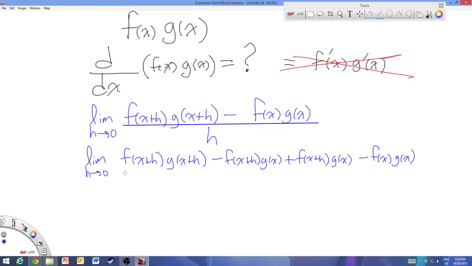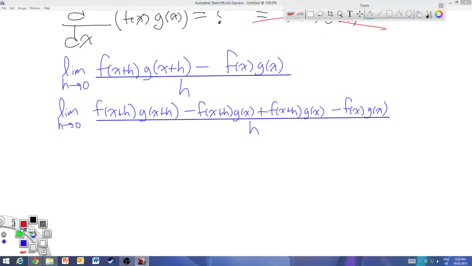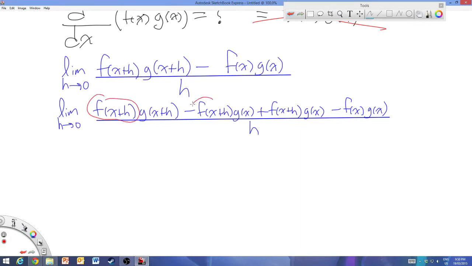Now why am I doing that? As I set this up, take a look at the numerator of this equation, and you should see something really interesting. The first two terms have an f of x plus h common in them, so I can take that out.